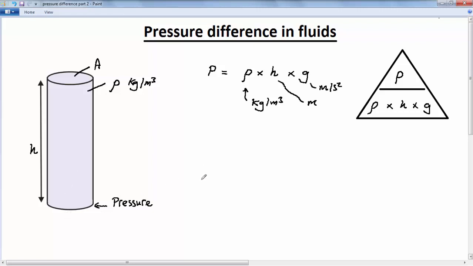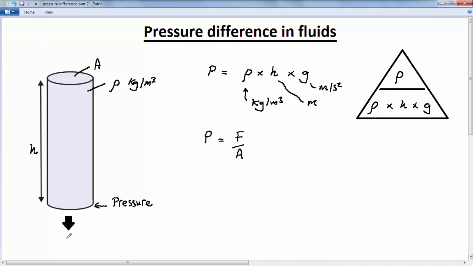Now then, we remember that the pressure produced at this surface, well, we learned that the other day, P is equal to the force applied by the body, the liquid, divided by the area of contact with the surface, F divided by A. That's the simple standard formula for pressure.